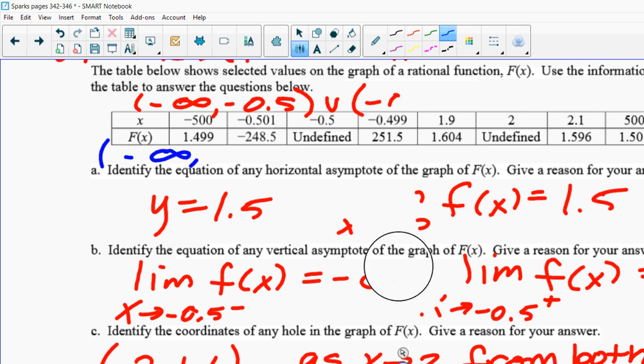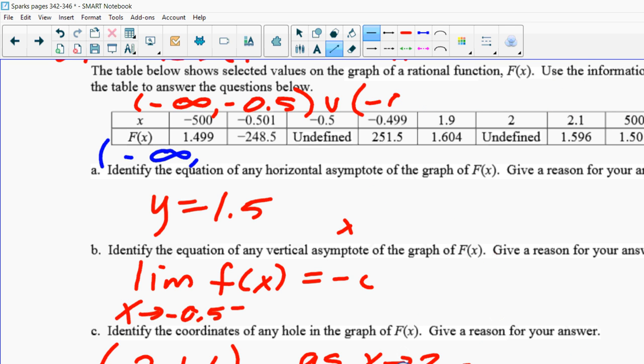Okay, sometimes on the vertical, I need a little picture. Where did we have issues? We had issues when x was -0.5, and we had issues when x was 2, right? We had a vertical asymptote there, and had a hole there. That's helpful to me.